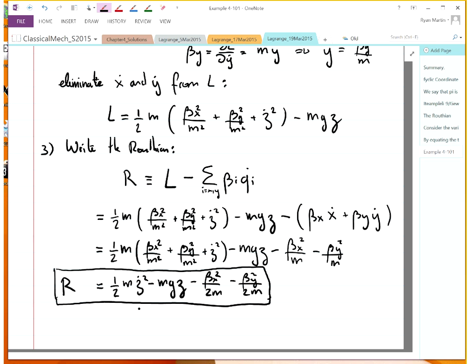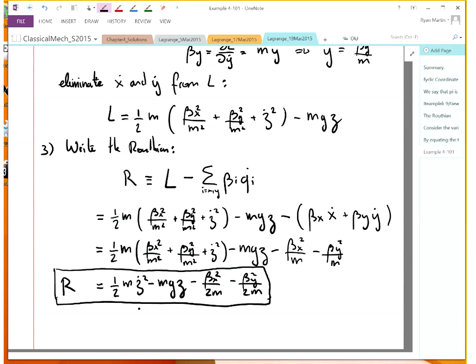For x and y, they are cyclic, and our goal was to arrive at a description that doesn't have any more cyclic coordinates in it. And so indeed, this Routhian is two terms that depend on z minus two terms that are constants. Right? Those beta x and beta y and m are all constants.